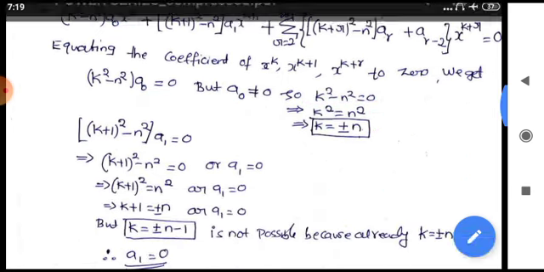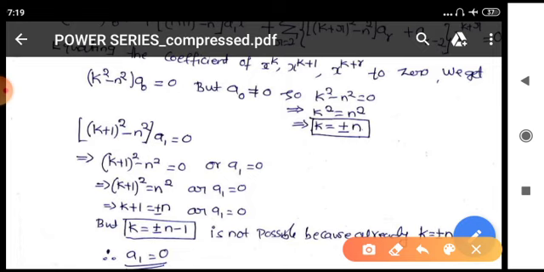Now ((k plus 1) whole square minus n square) into a1 is equal to 0. This implies that (k plus 1) whole square minus n square is 0 or a1 is equal to 0. Again this will imply that (k plus 1) whole square is n square or a1 is equal to 0. k plus 1 is plus or minus n from this equation, or a1 is 0.